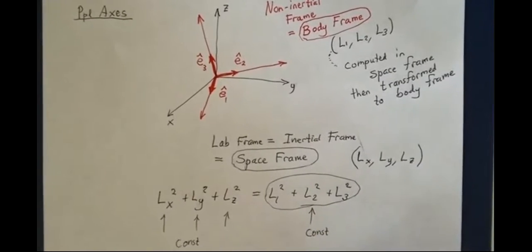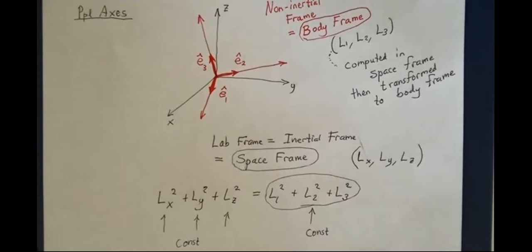So with that in mind, we have two things to talk about. We know the kinetic energy is constant, and we know the length of the angular momentum vector is a constant. This is very powerful, that we have these two conserved quantities.